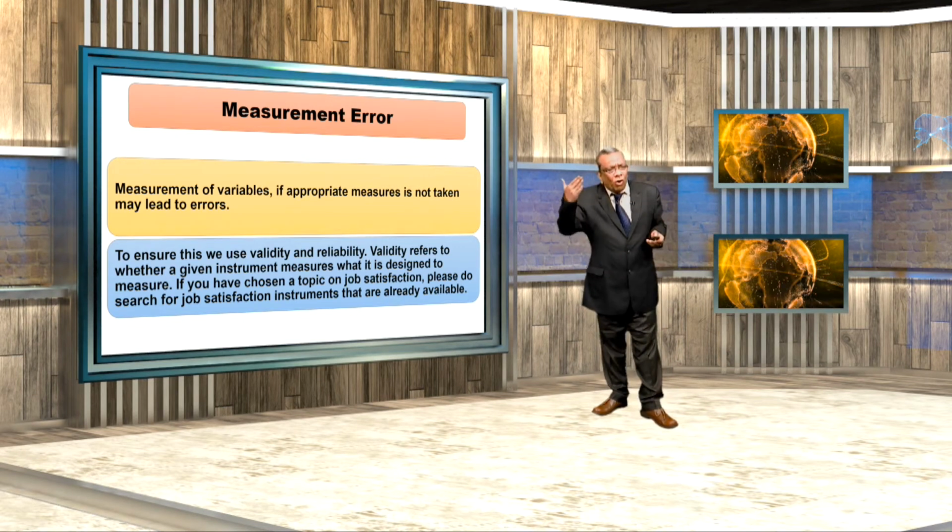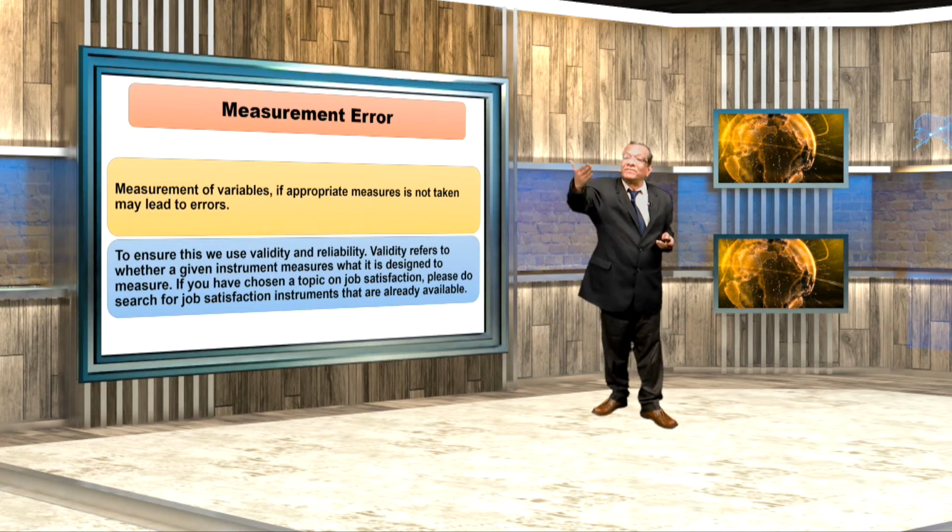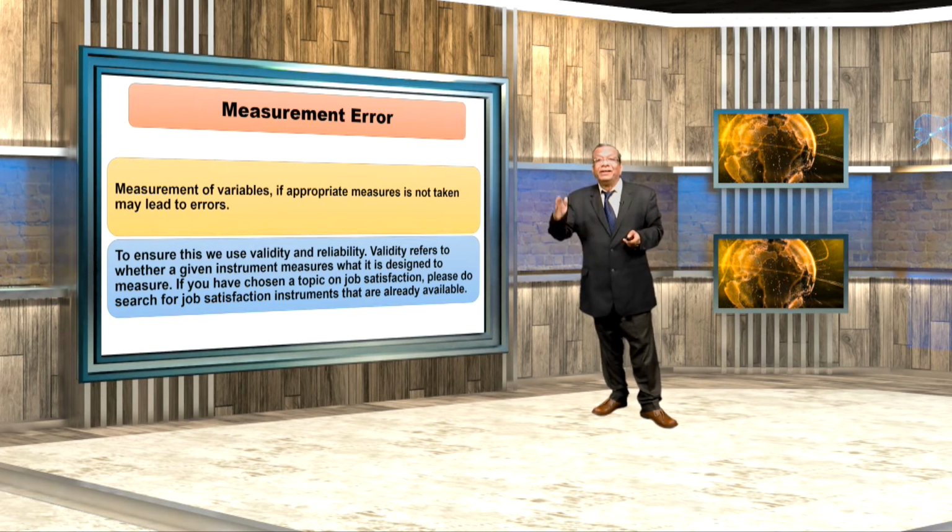You may take the older instruments and then compare with the later instruments, and the instruments may get purified over a period of time because various other researchers would have already used that particular instrument. Therefore, my advice is to find an instrument which is already there, being validated and having reliability.